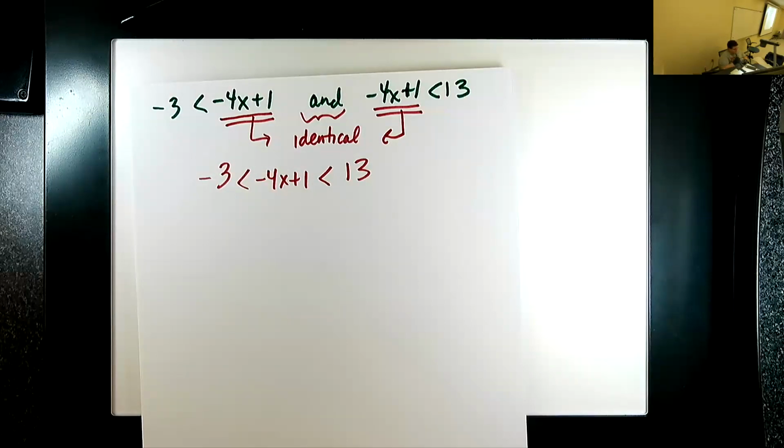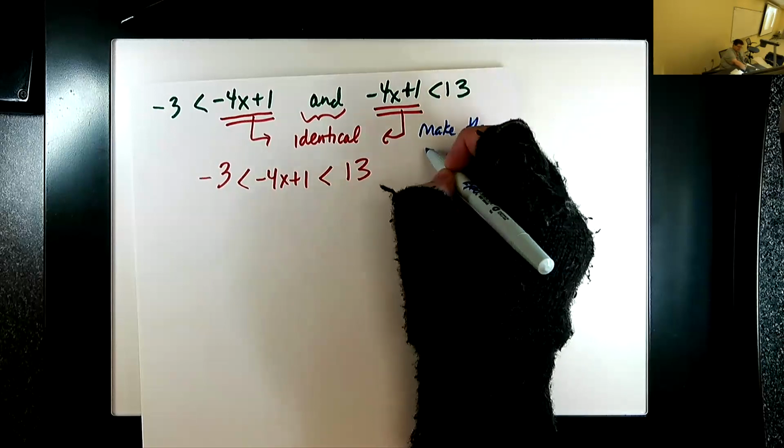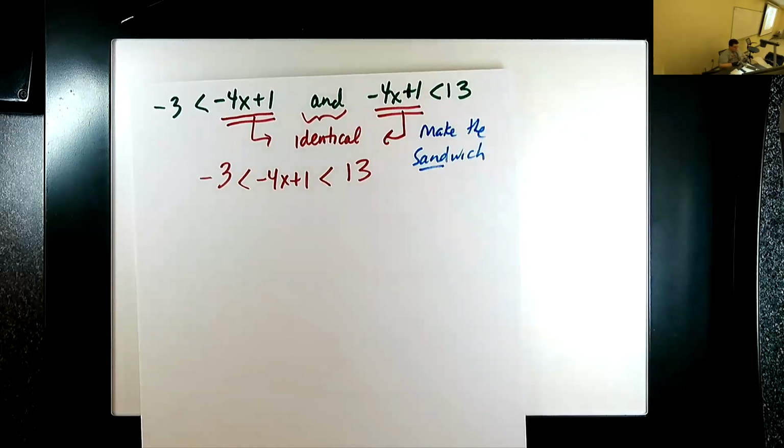So we can start with the and and make the sandwich. Sandwich has an and in it. Sometimes it makes it easier to solve. But they have to be the same.